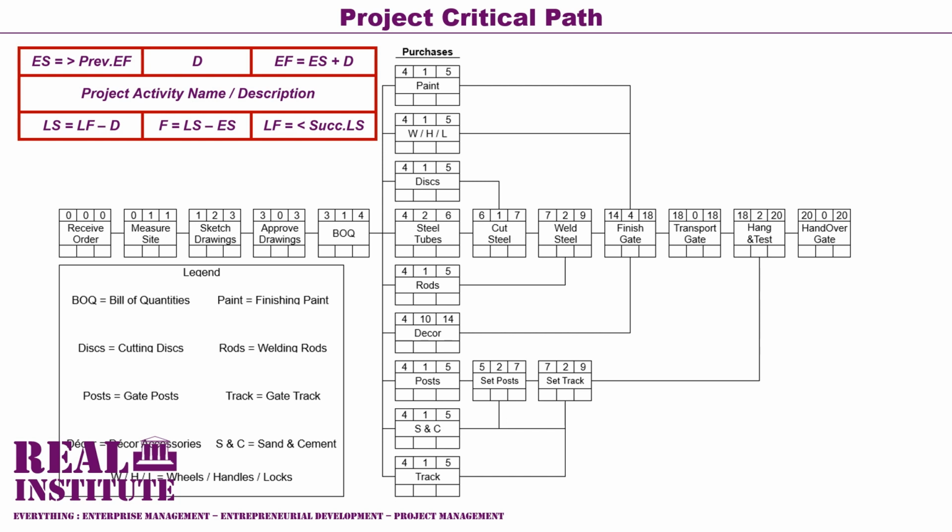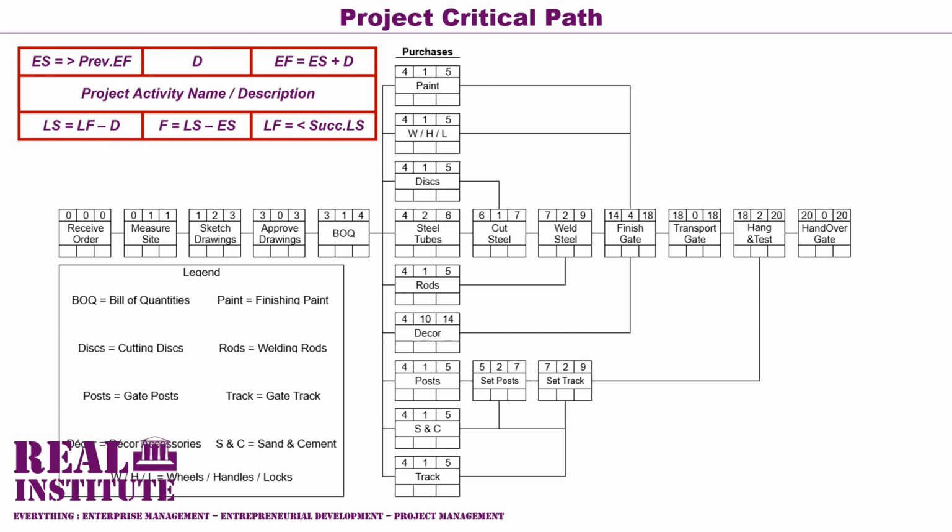Activity 5, which is the bill of quantities activity, is allocated an early start value equal to its predecessor's early finish value. Its predecessor being activity 4, the approved drawings activity, which has an early finish value of 3.